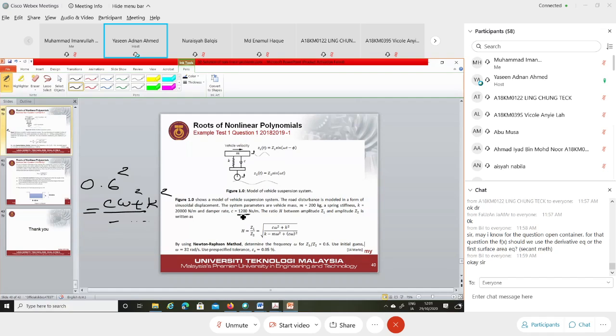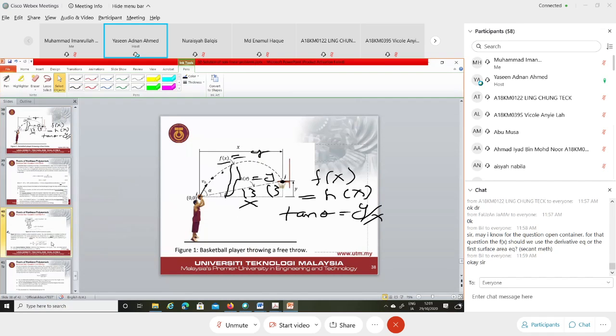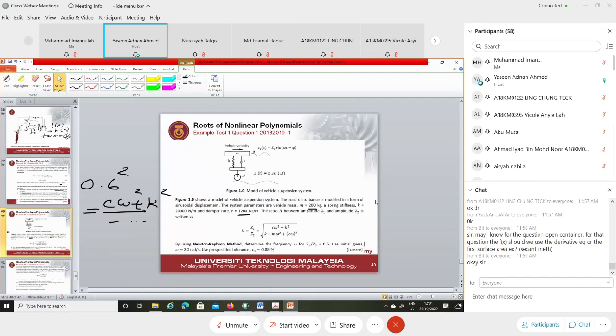Your C is 1200, your M is 200, and K is 20,000. C is already there, M is already given, so the only unknown is omega. So just prepare the table, and then your function will be this one. There will be no root, so it will be minus 0.6 squared equal to 0. This is your expression.